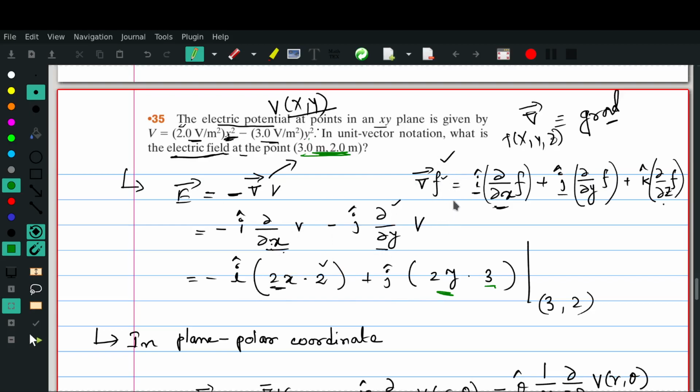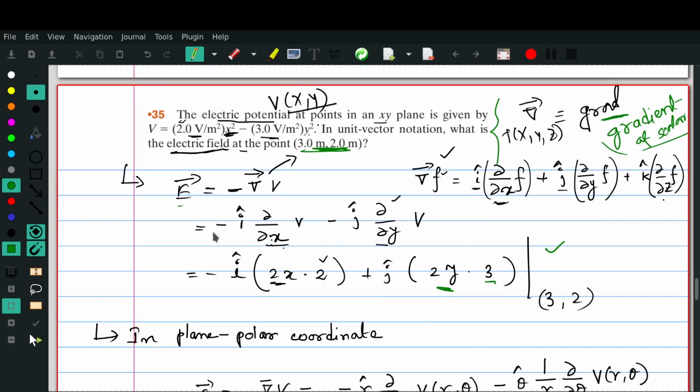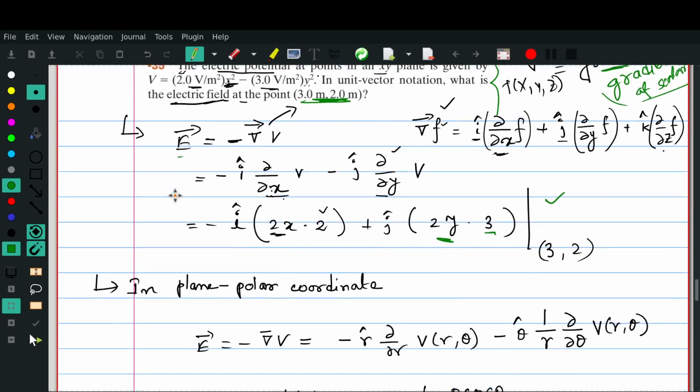So just remember that to calculate the electric field from the potential, you have to take the grad of the potential, a gradient. You can look it up, search gradient of a scalar. This is the proper way to calculate the electric field.